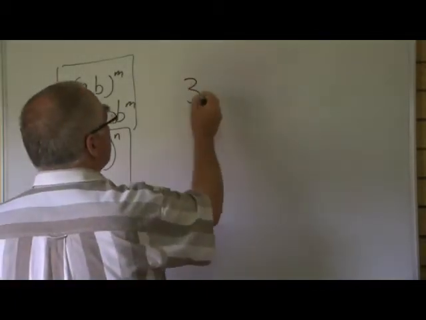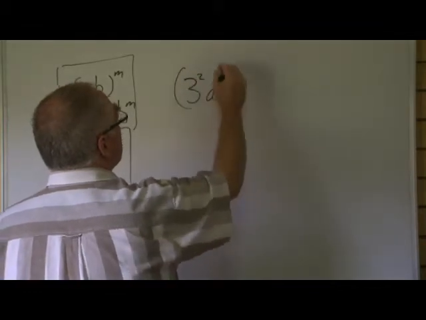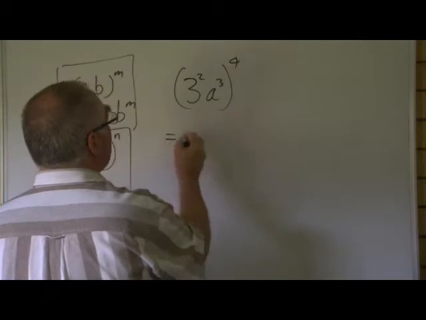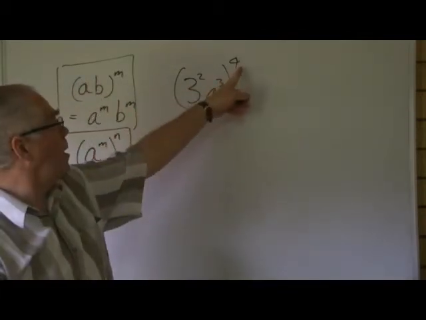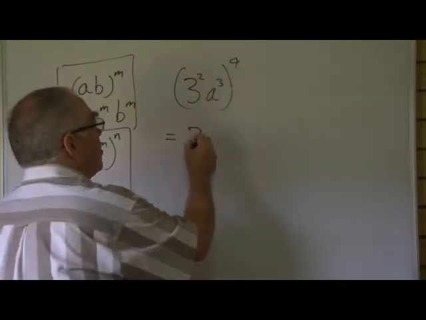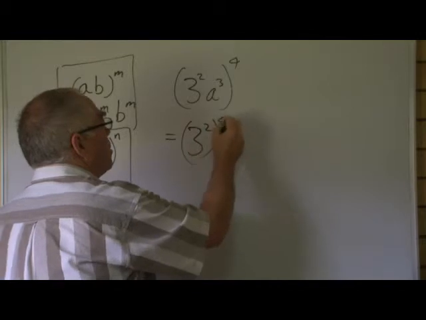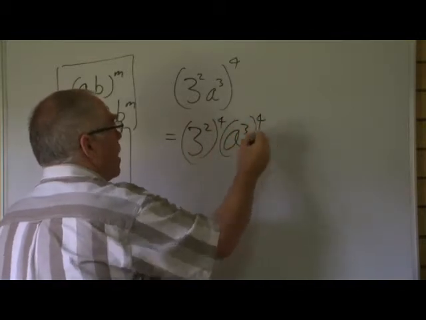Suppose we have 3 squared a cubed all to the power of 4. Then this law allows us to bring the index in and apply it to each of these. That will be bracketed, so that will be 3 squared all to the power of 4, a cubed all to the power of 4.